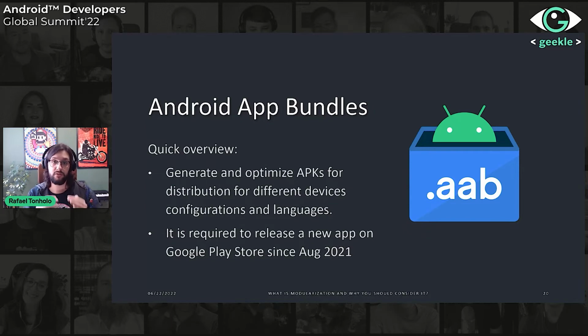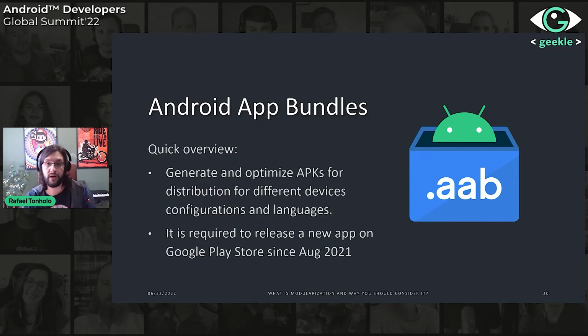A bundle generates and serves optimized APKs for each user device configuration, so the user only downloads the resources and code that are really needed to use the app. So you have a smaller download and a smaller size on installation.